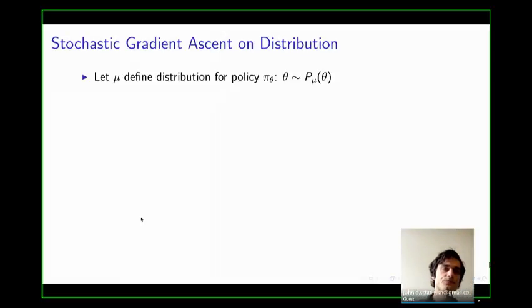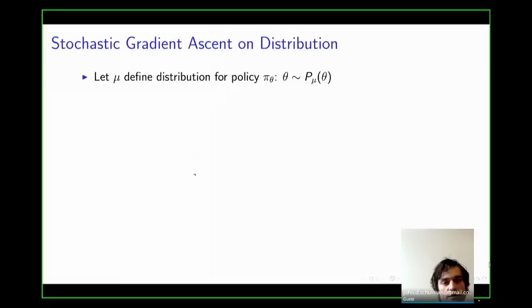The idea here is, in cross-entropy method, we had this Gaussian distribution, and we're iteratively moving this Gaussian distribution to give better and better returns. So can we just do stochastic gradient descent, or stochastic gradient ascent, on these distribution parameters? So that's what we're going to do here.